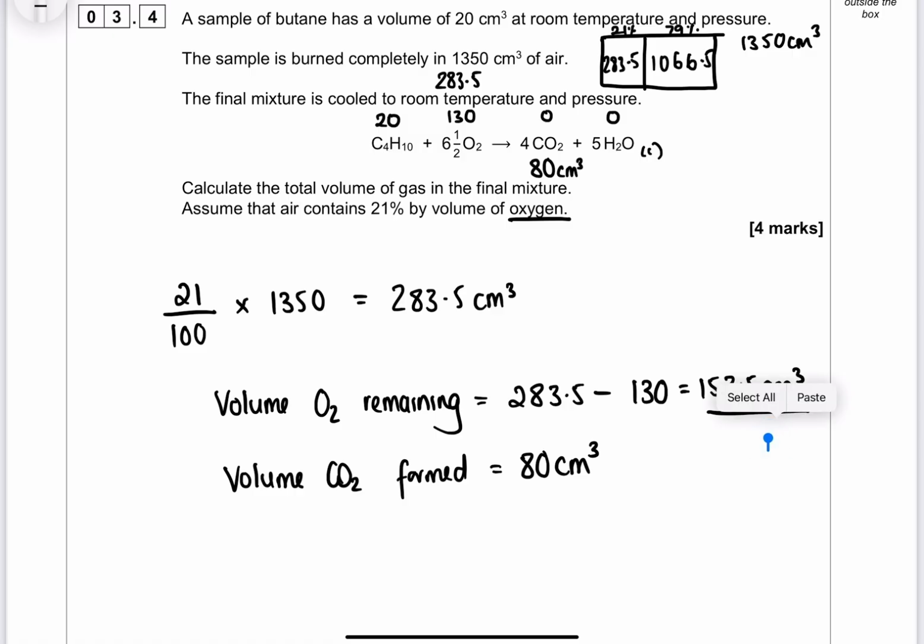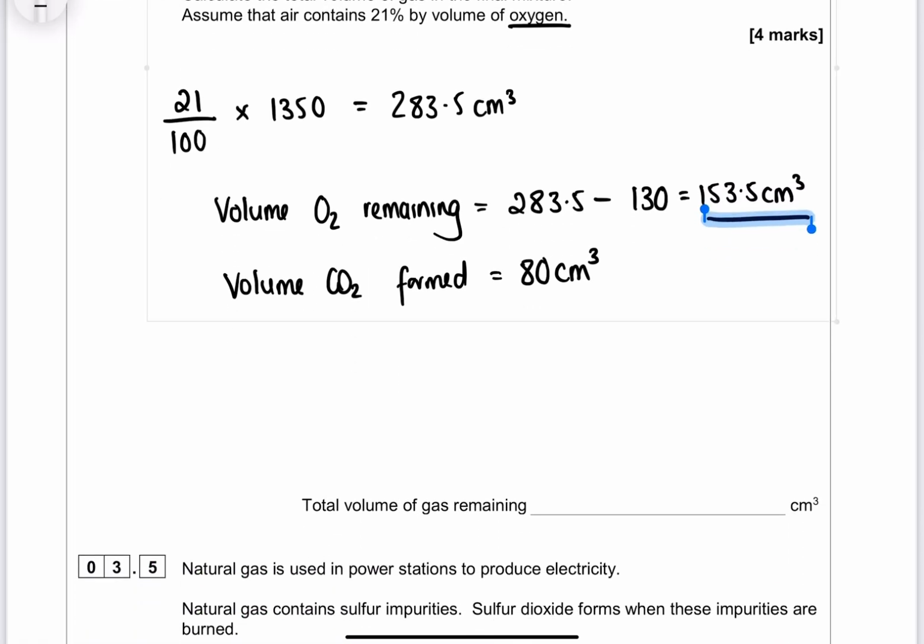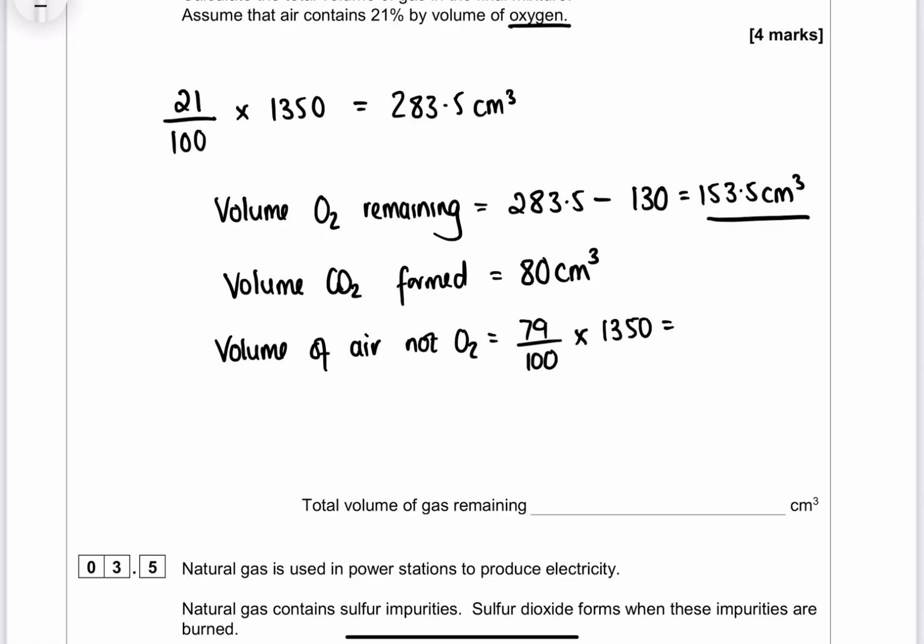So we used up some of the oxygen. What we need to do now is add on the volume of air, not oxygen, which is 79% of 1,350. That was our 1,066.5. So I now need to add up these three numbers to get the total.